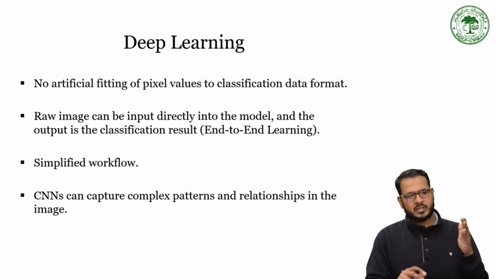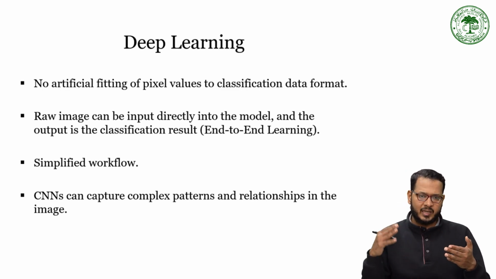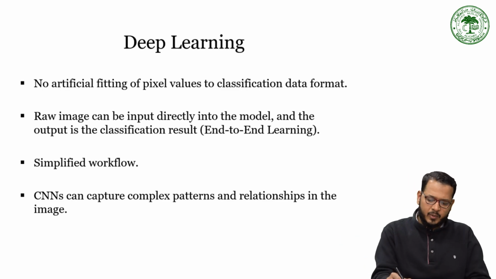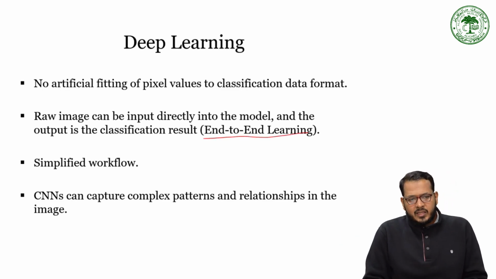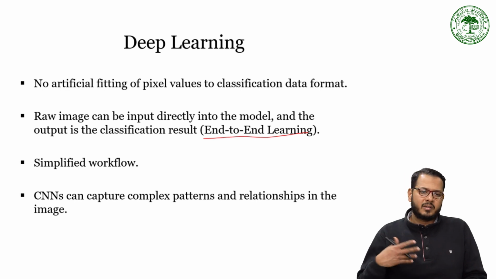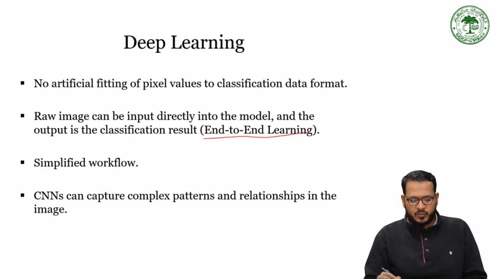This process of just supplying the raw input, in this case raw image, and getting the desired output, is called end-to-end learning. And this is why deep learning has become famous in recent times. We need not do artificial feature engineering here. We just supply the raw input, whether it is image or speech or audio, and we expect the deep learning model to give us good result.